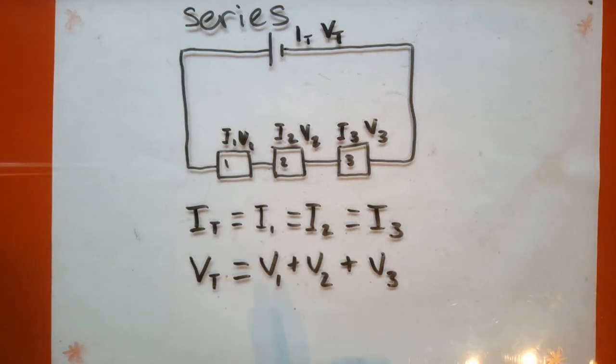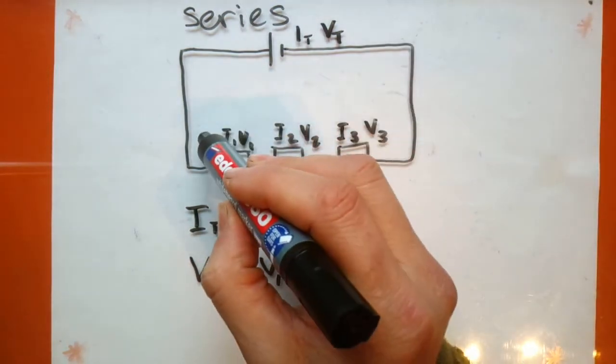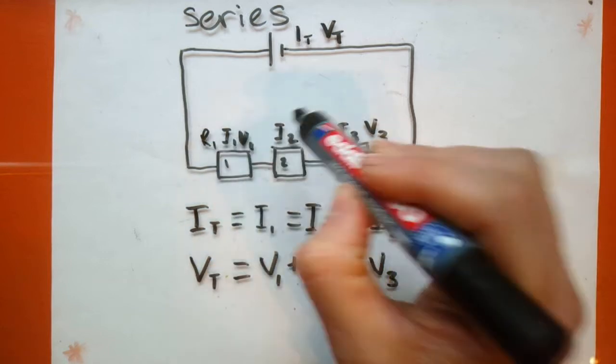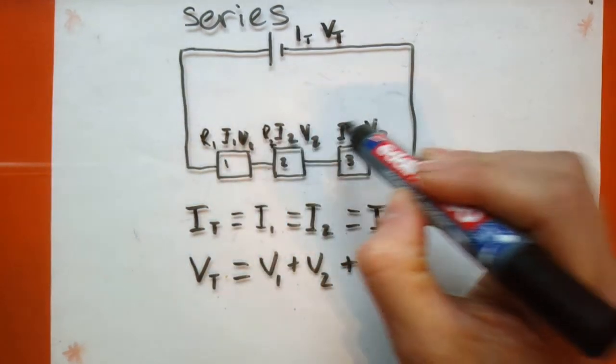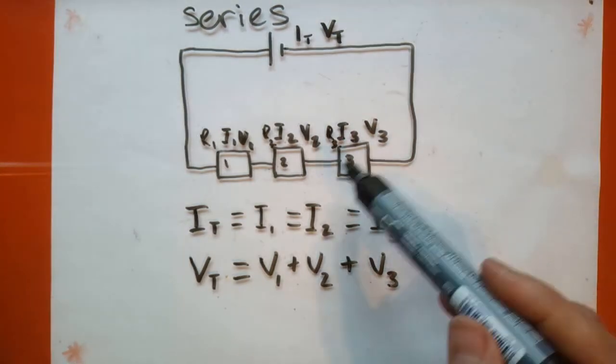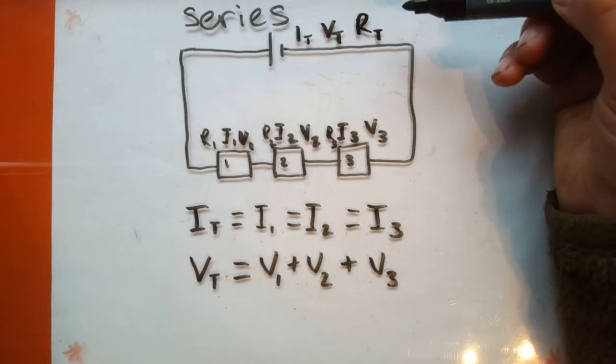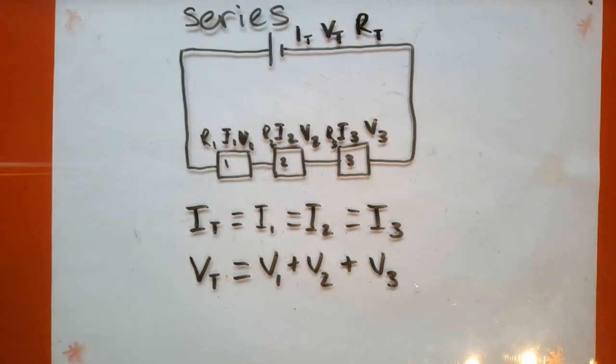Now, the next important thing is the resistance. So again, we can look at the resistance here, here, and here. At each of the 3 steps, we can also have the total resistance. So for this one, the total resistance of a number of resistors in series is equal to the sum of all the individual resistances.